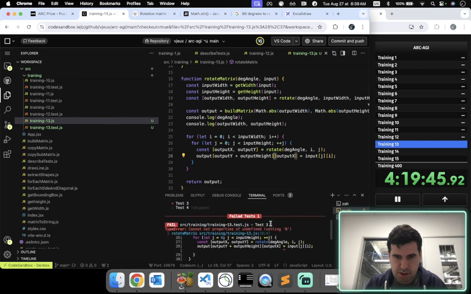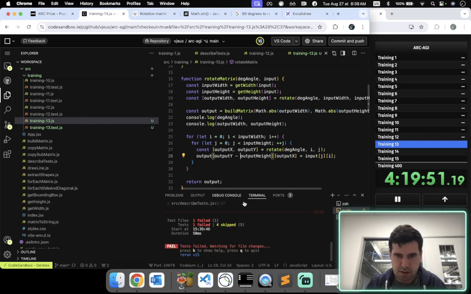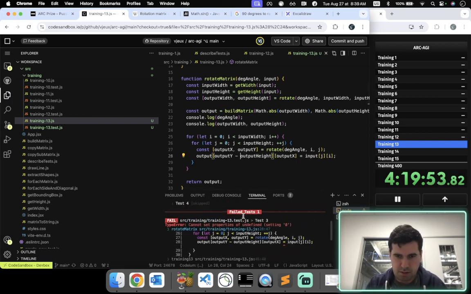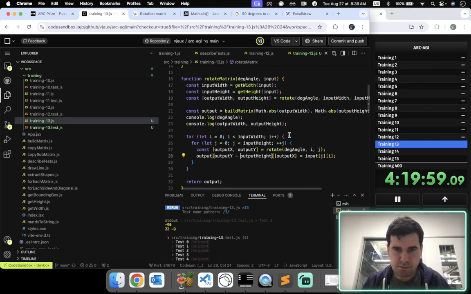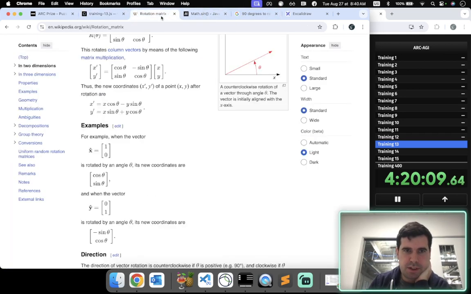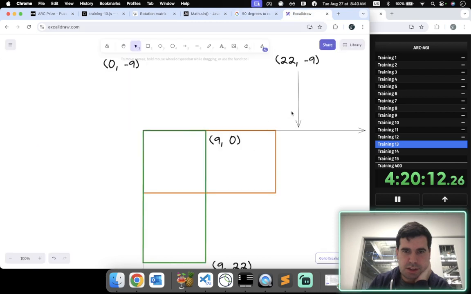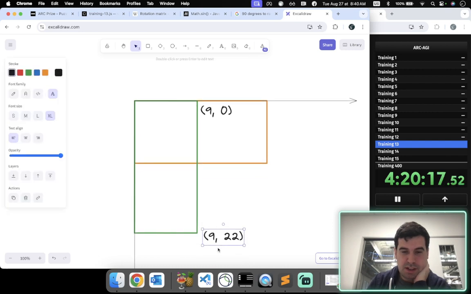And it's going to be minus... okay, now I'm just going to figure this out. Okay, this is not working. So now what I need to know is which point goes where.